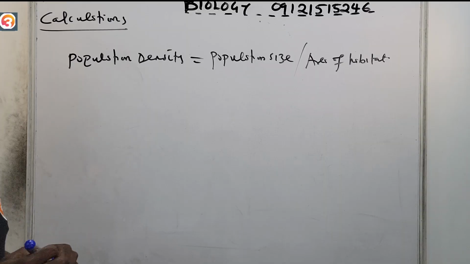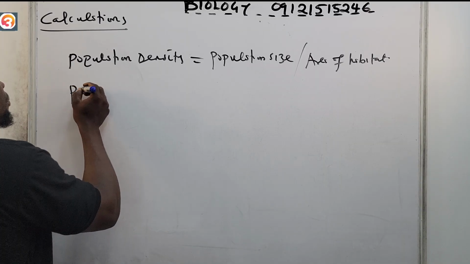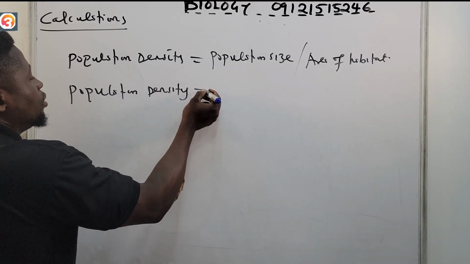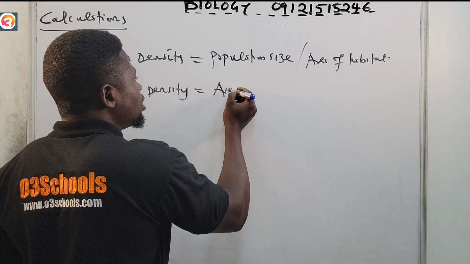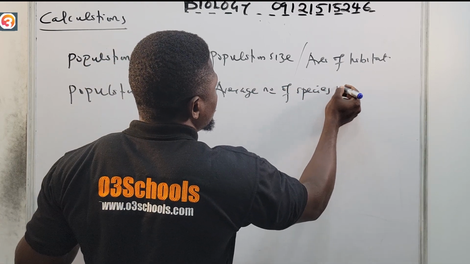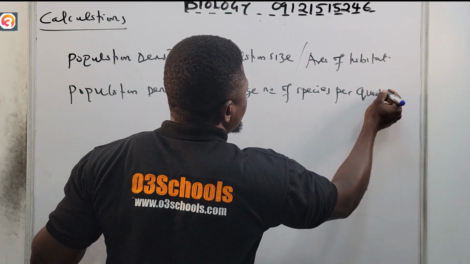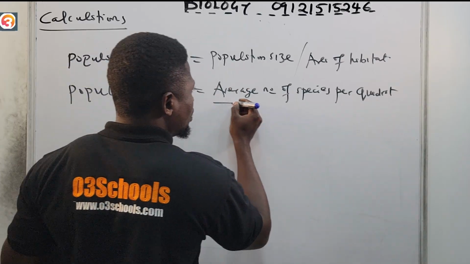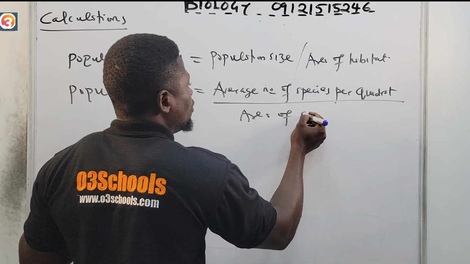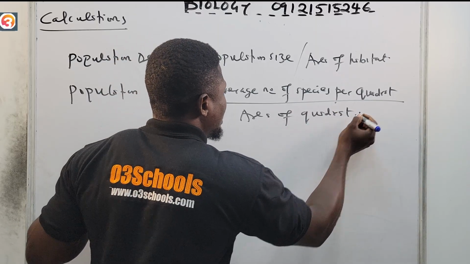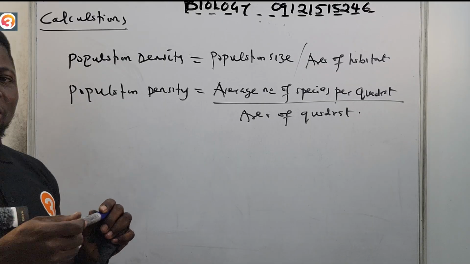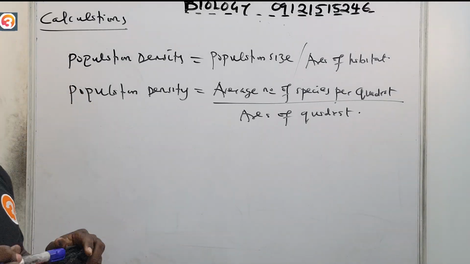They also say that population density is the average number of species per quadrat, this one for the quadrat method, all over area of quadrat. So population density is the average number of species per quadrat all over area of quadrat.